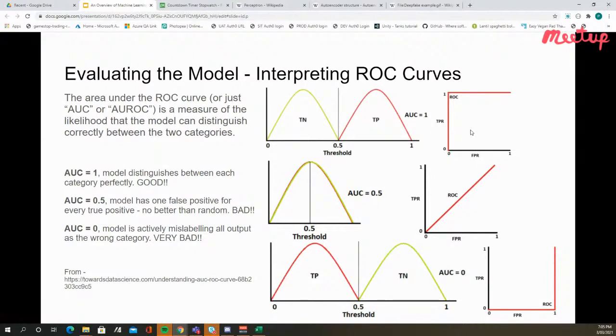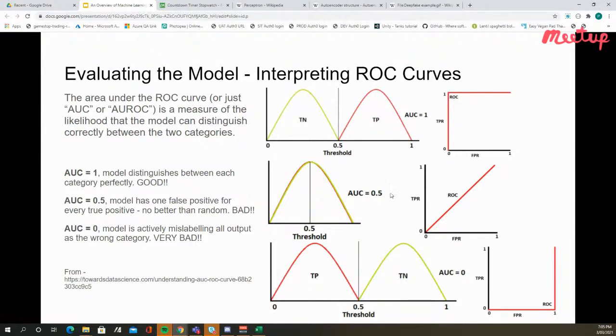That means that your model is perfectly good at separating between true positives and true negatives, and there are no false positives and no false negatives.